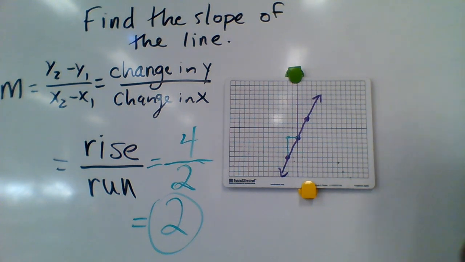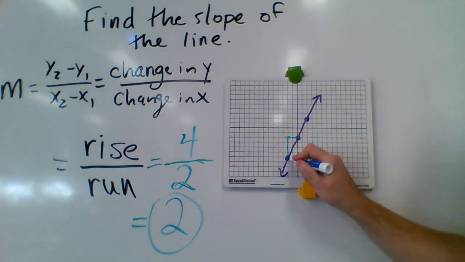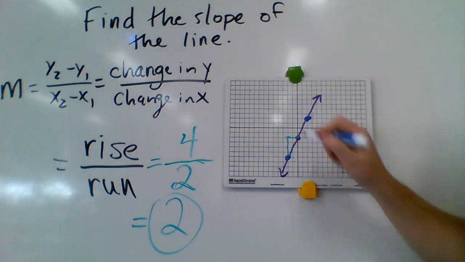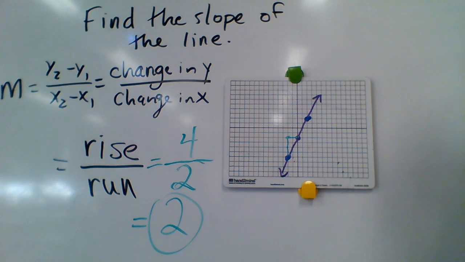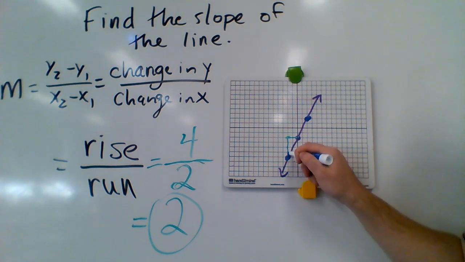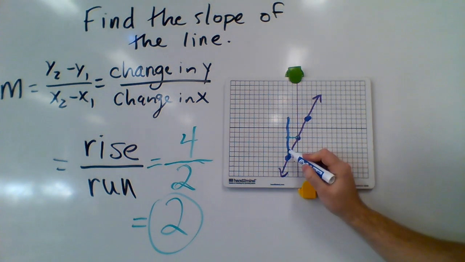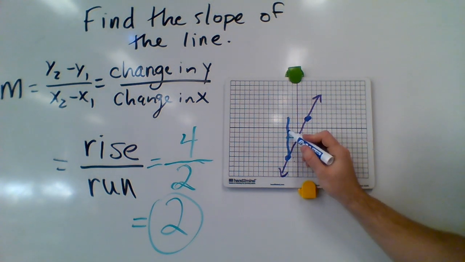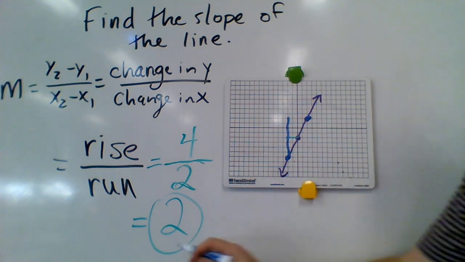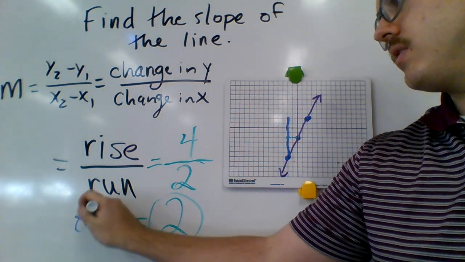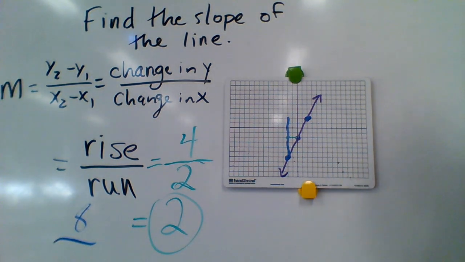Because if I choose 2 other points, let's say I choose the first point here and the last point here, go through that same process. Go up until you're level with it. Count how many times you went up. 1, 2, 3, 4, 5, 6, 7, 8. I went up 8, so my rise is 8.